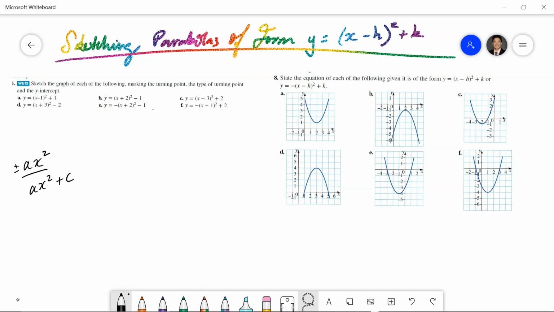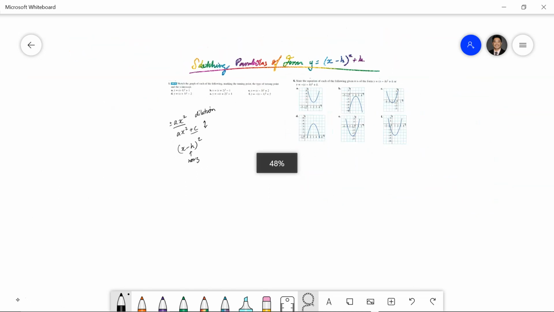We've looked at putting a constant c and what happens there, and we've identified that is your vertical translation. When we manipulate a, it's the dilation of the parabola. And then recently we looked at x minus h all squared, which is a perfect square form, and this is your horizontal translation.